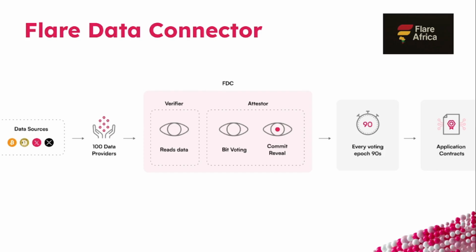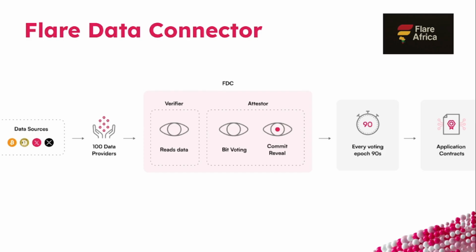And like we said, when the data is supposed to be brought on chain, it has to go through a verification process, which involves all the data providers. In this case, they work as the attesters of this data to verify if that data is authentic or actually exists.